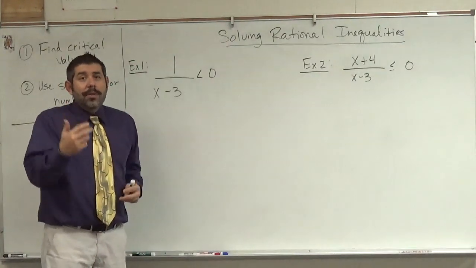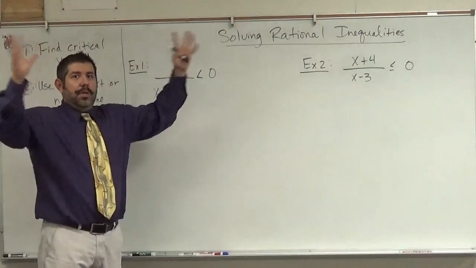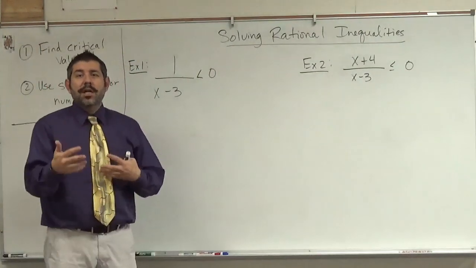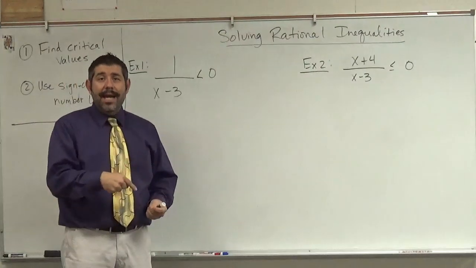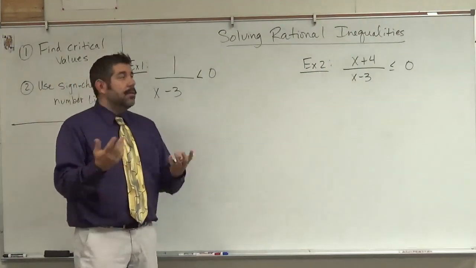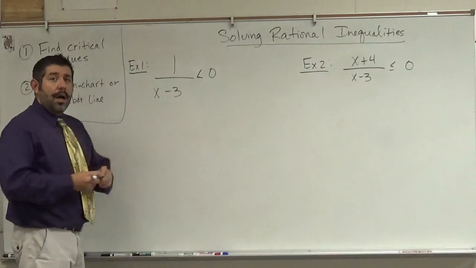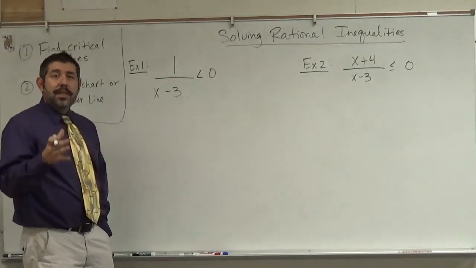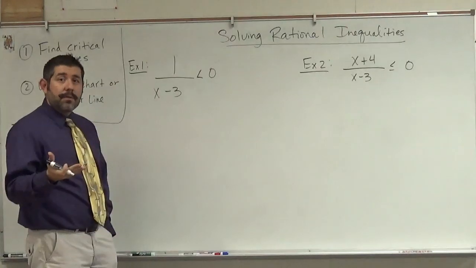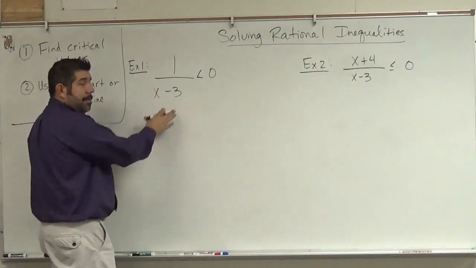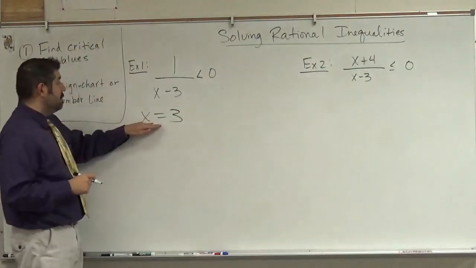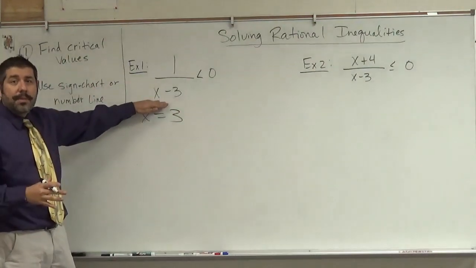We know that the denominator can't be 0, but that's a point of discontinuity, and we have to include it in our number line. So, our critical values: this numerator cannot be 0, so we don't have a critical value there. But the denominator can be 0, so our critical value is x equals 3, and we get that from the denominator.